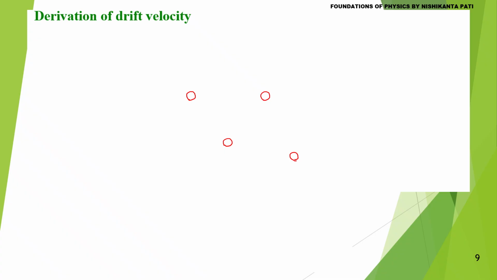In the absence of electric field, if you observe any free electron motion, it will move with a constant velocity, collides with a positive ion. Then after collision, again it moves with a constant velocity.